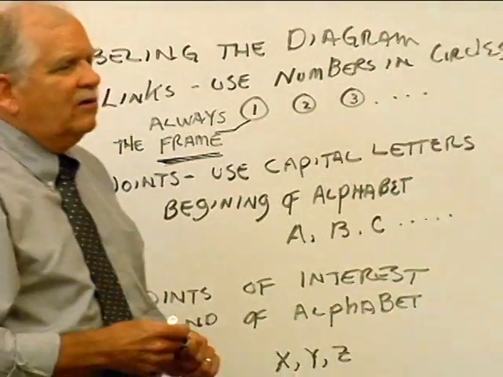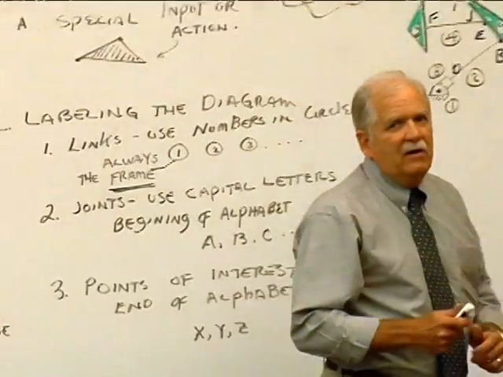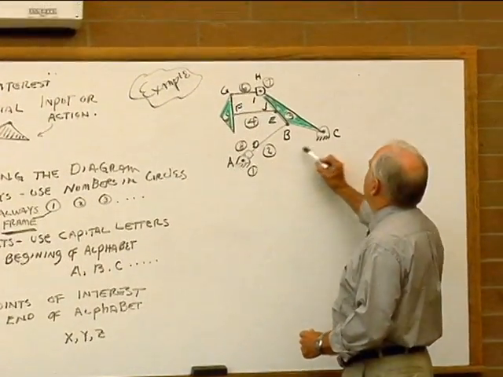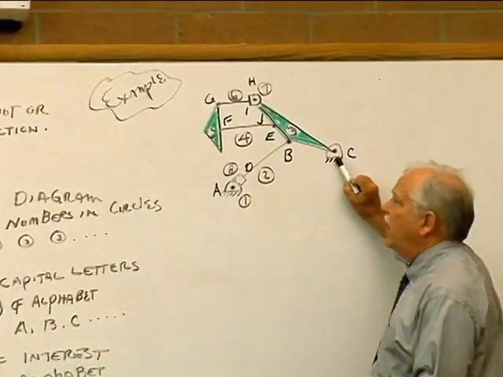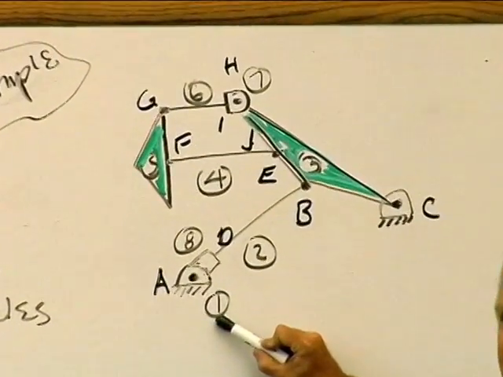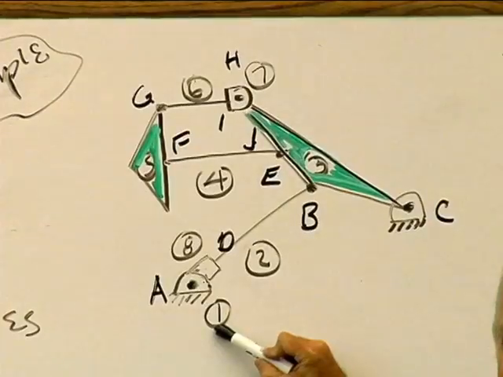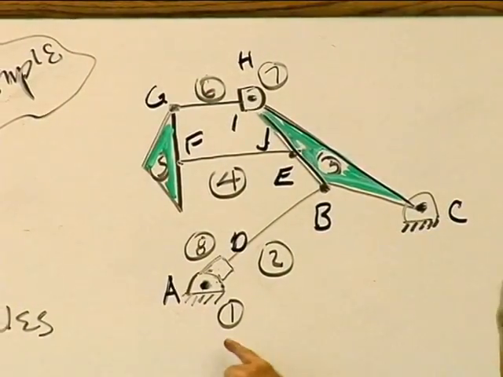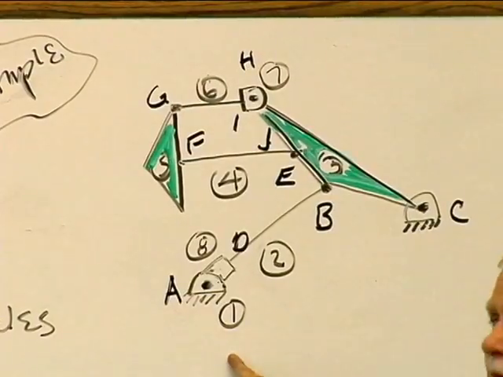Now let's take a quick look at an illustration as best I could on the board here. Here we have a frame connected in 2 spots. Now, I've only used the number 1 once because it's the same frame, so therefore I don't need to label it twice. I just label it once.